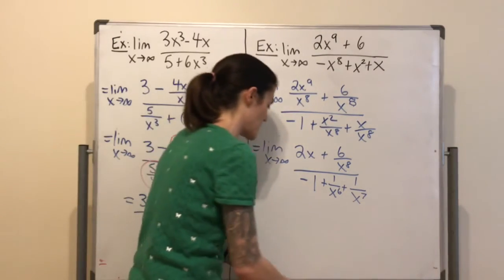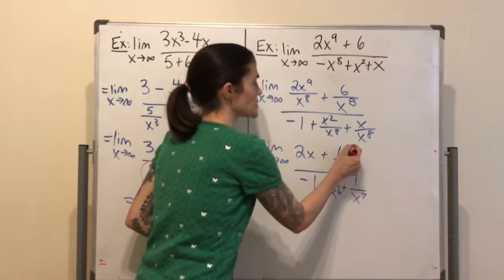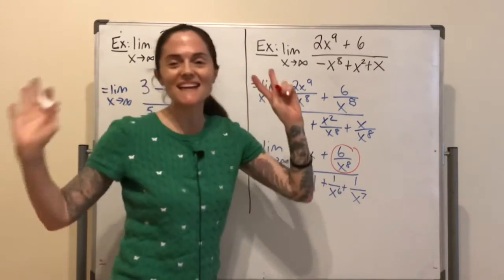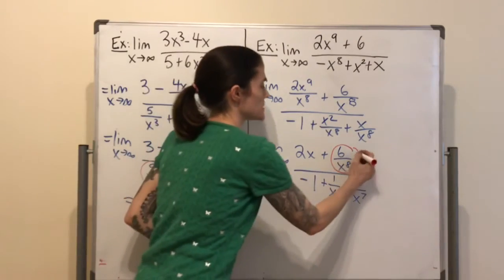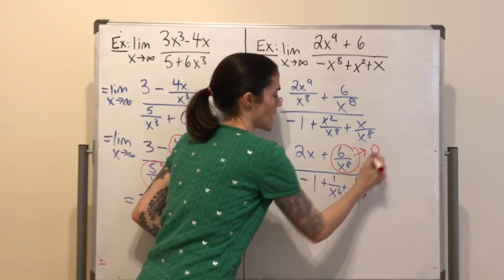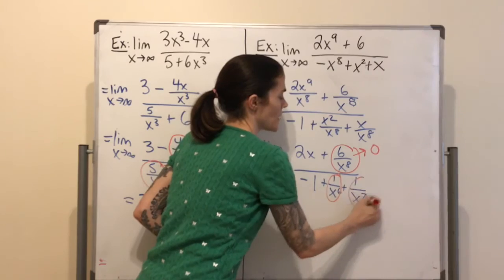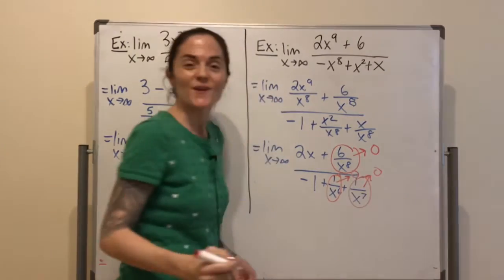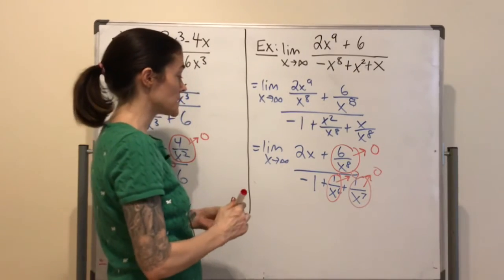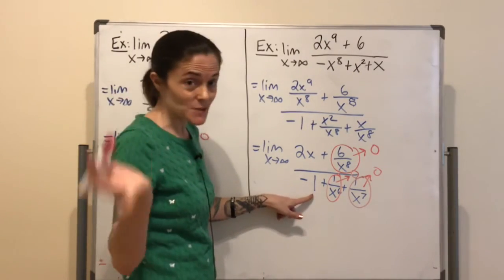Now we're in great shape. This term, 1 over x to the 8, goes to 0, and so does 6 over x to the 8. This term and this term similarly approach 0 as x grows without bound. This is just minus 1.